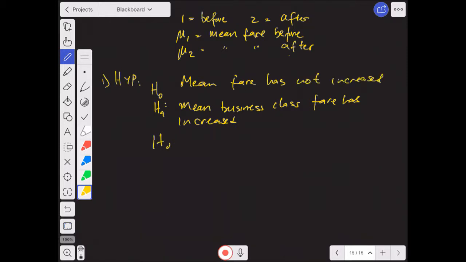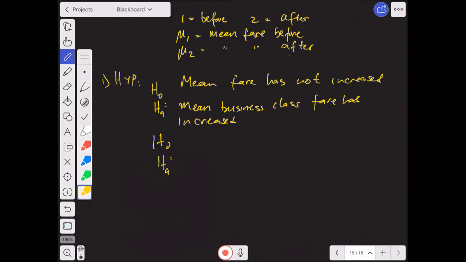So if the mean fare has not increased, it means that the fare before is either the same or larger.